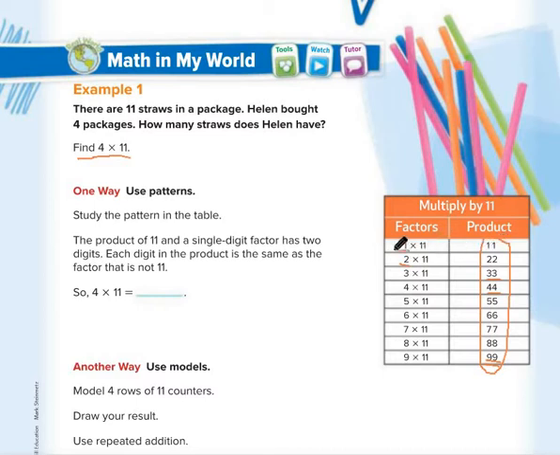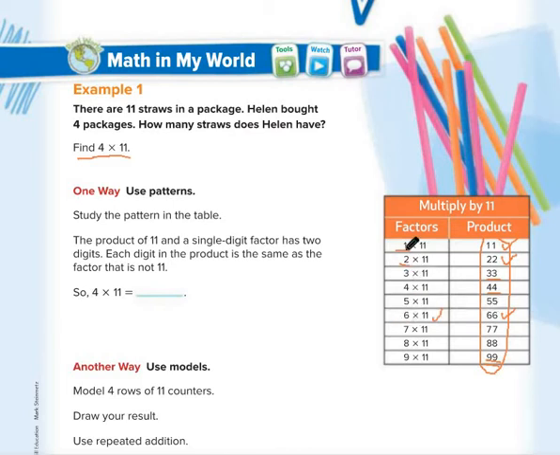Here the other factor is 1, so the product is 11. The factor is 2, so the product is 22. The same for 6, the factor is 6, and the product is 66. It's just to write the factor twice.